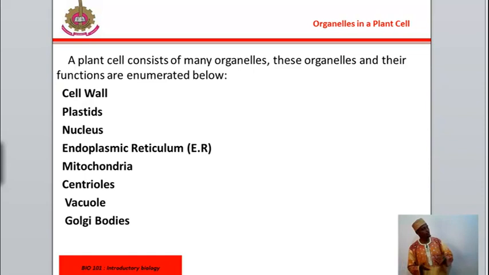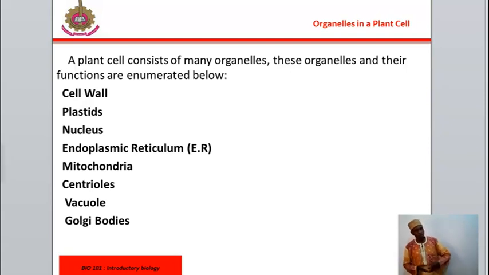Endoplasmic reticulum is of two types. There can be smooth endoplasmic reticulum and rough endoplasmic reticulum. The endoplasmic reticulum is made up of membranes and proteins. The rough endoplasmic reticulum, which has membrane vesicles and proteins, is meant to synthesize proteins in the cell.